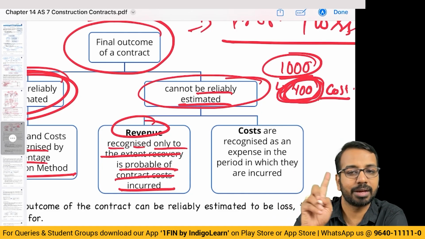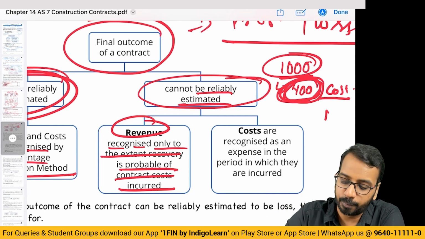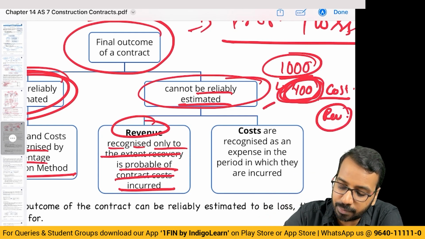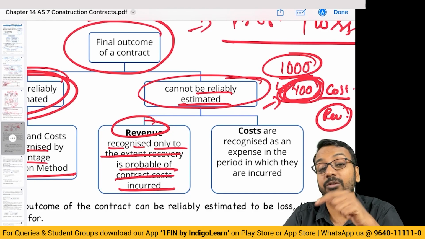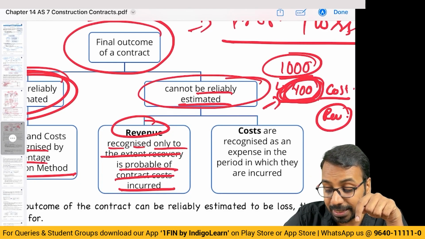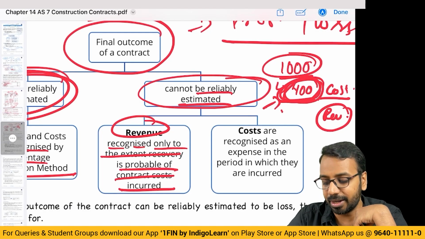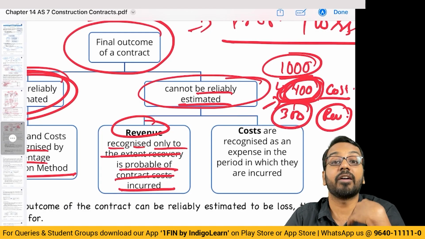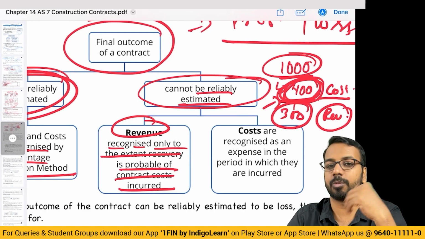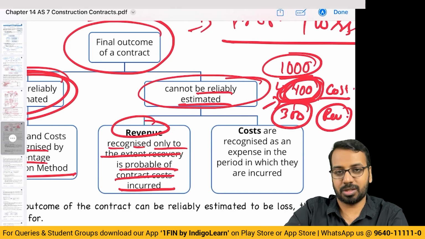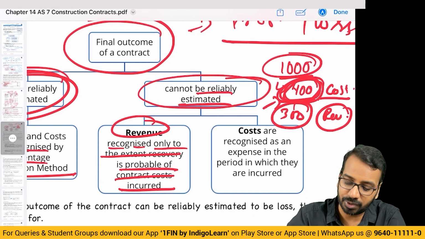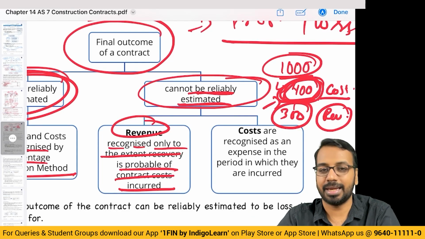Entire 400 of cost I will recognize. How much should be the revenue? For the revenue, maximum is 400. In that also I should see whether I can recover this 400. If I feel that I can recover only 300, revenue should only be 300. If I feel I can recover 400, revenue should be 400. But it cannot be more than cost if the outcome cannot be reliably estimated.